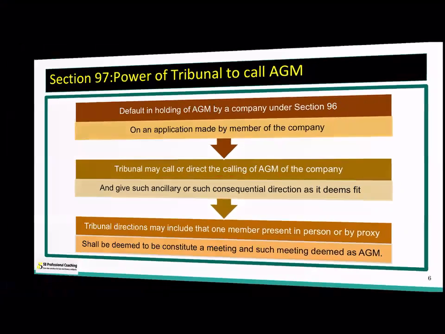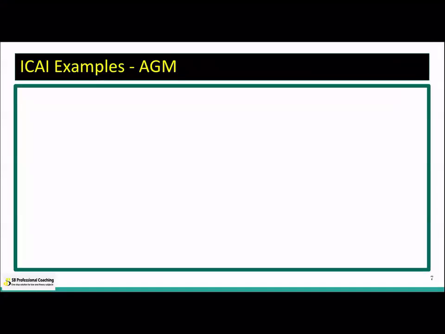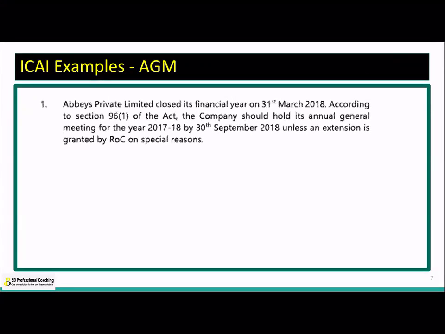Now there are a couple of examples which are given in ICAI modules, your institute modules. These are very simple examples, but let us go through them. The first example is Abyss Private Limited closed its financial year on 31st March 2018. Your answer for this question shall be, you would first explain section 96 and give the provision regarding first AGM as well as subsequent AGM.